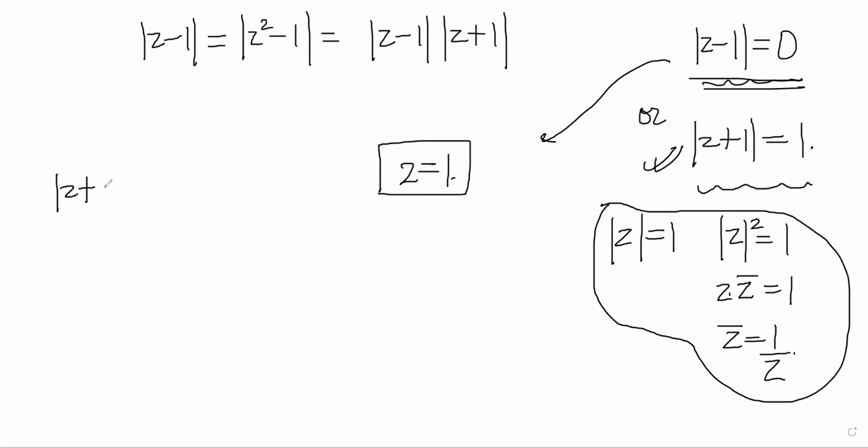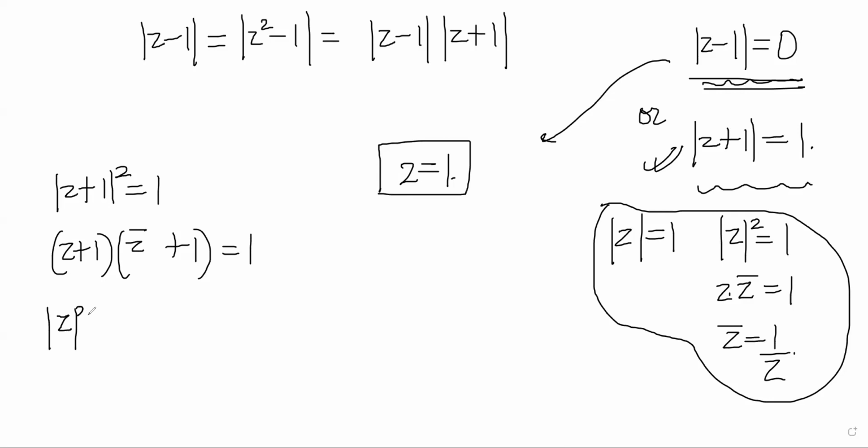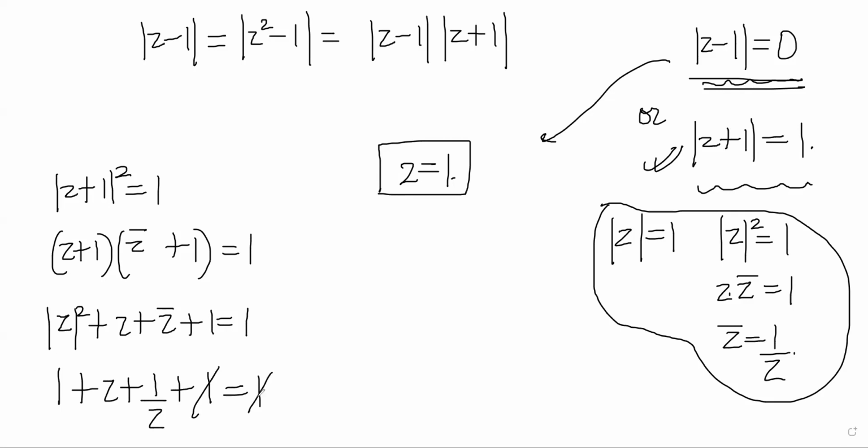So we square it and we write it as z plus 1 times z conjugate plus 1 equals 1. And we get mod z square plus z conjugate plus 1 is equal to 1. And we get this is 1 plus z plus 1 by z plus 1 equals 1. So we get basically z plus 1 by z is equal to minus 1, right?